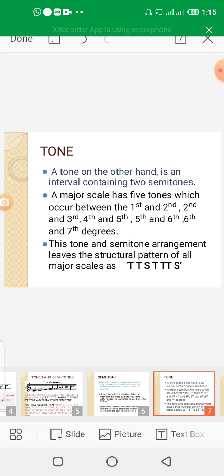Now, a major scale has 5 tones which occur between the first and second, the second and third, fourth and fifth, fifth and sixth, and sixth and seventh degree.